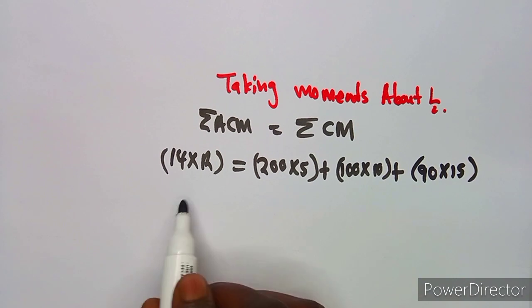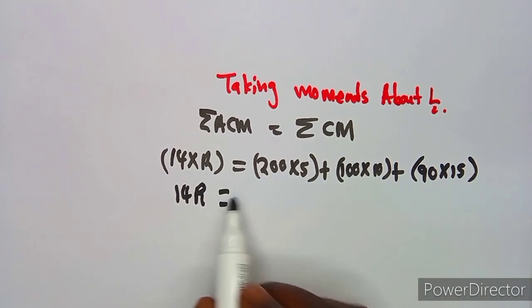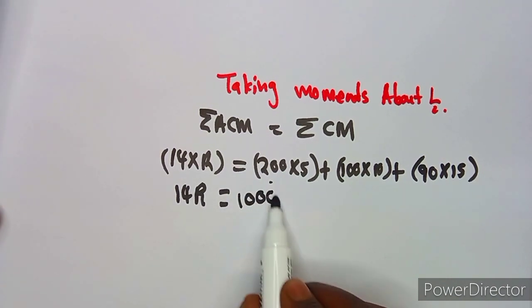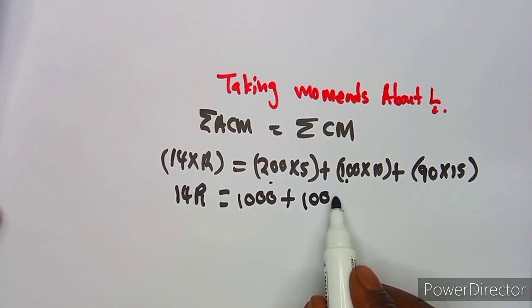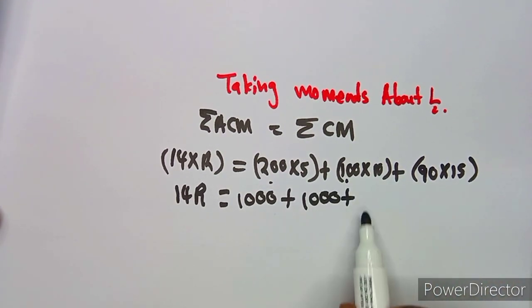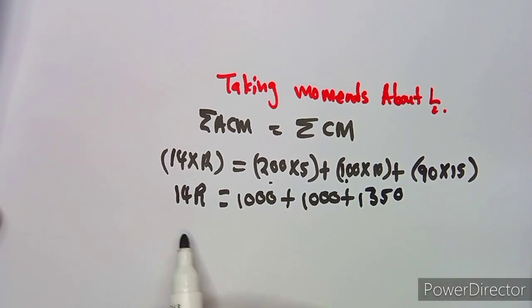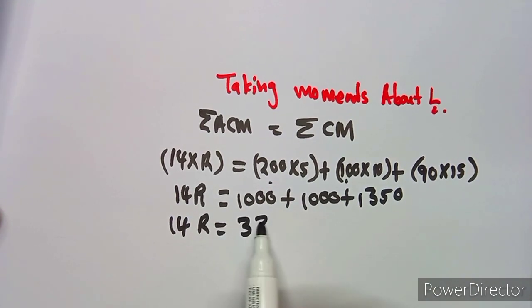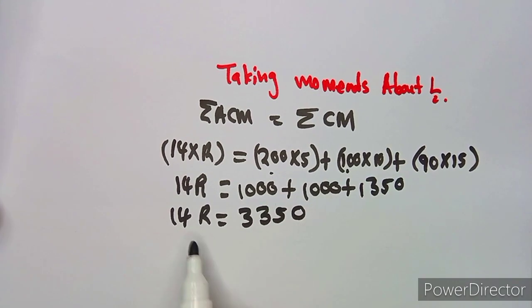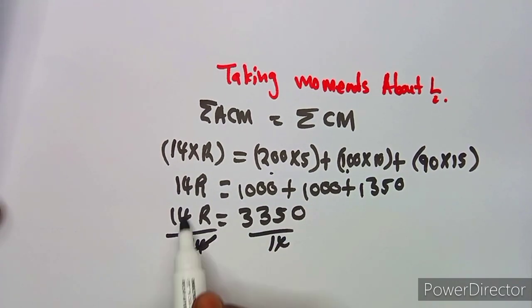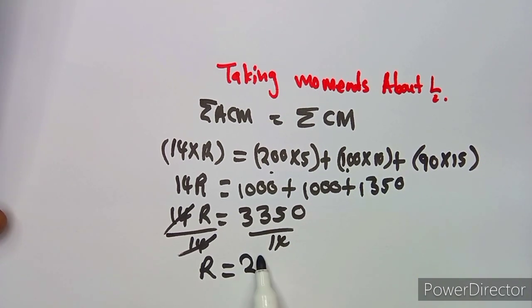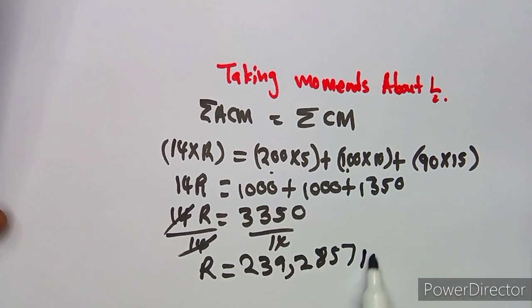So that's going to give us 14R in this case, which is equal to... You can combine this at once, or you can choose to do it separately. That's 200 times 5, which is 1000, plus 100 times 10, which is 1000, plus 90 by 15, which is 1350. Or you can just add them directly, which is 3350. To find R, definitely we have to divide by 14. So our R is going to be this decimal, 239.285714, something like that.